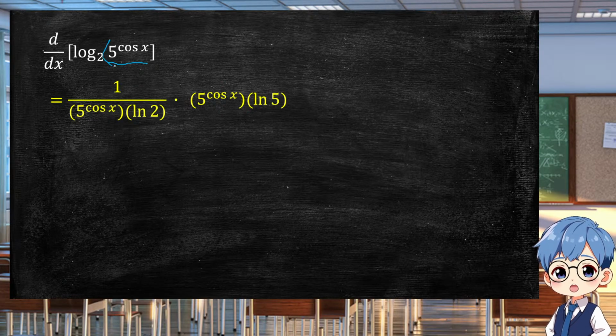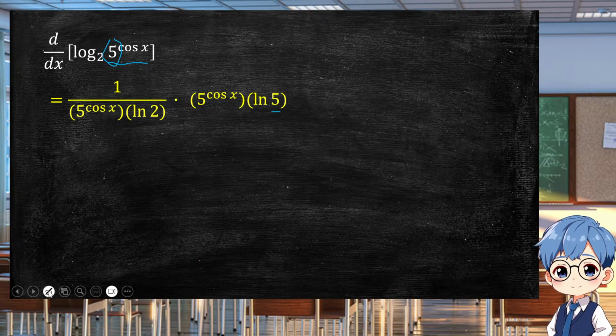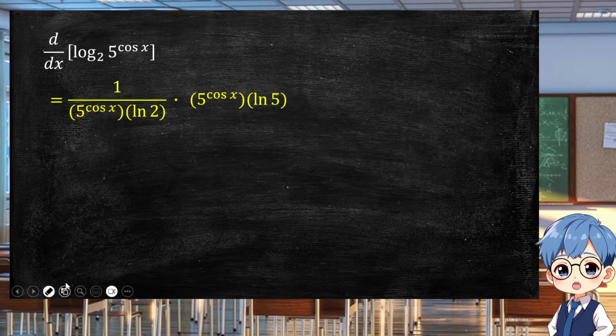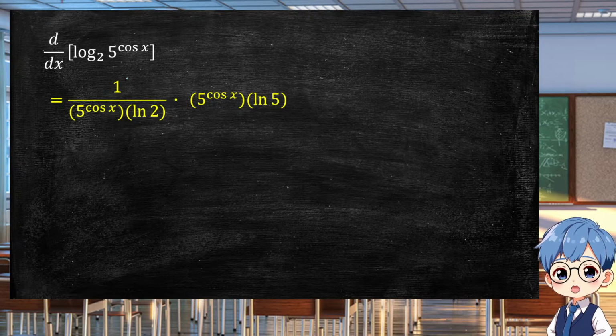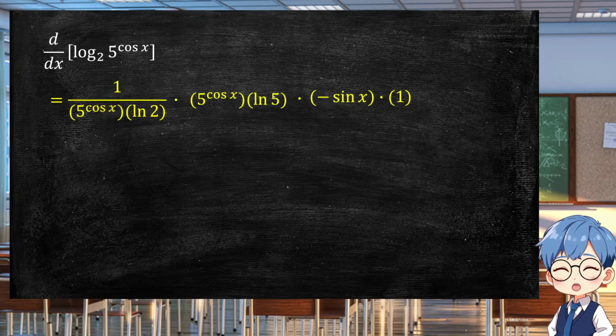In this scenario, a is the base of the exponential function. That's why we have here ln of 5. Okay, and then lastly, we have the derivative of the exponent. So the derivative of cos x is just negative sine x. So that's why here we have times negative sine x. Then lastly, the derivative of the angle is just x. So that's why we have here times 1.